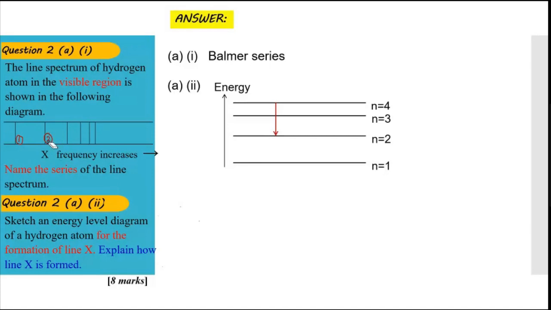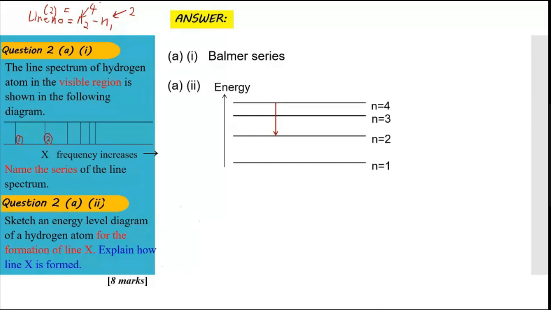And line X is line number 2. You know Balmer series, so you can use this: line number equals N2 minus N1. N1 is something fixed that you must know. For Balmer series, N1 equals 2. If your line number is 2, then N2 must be 4, because 4 minus 2 equals 2. So N2 equals 4, N1 equals 2.